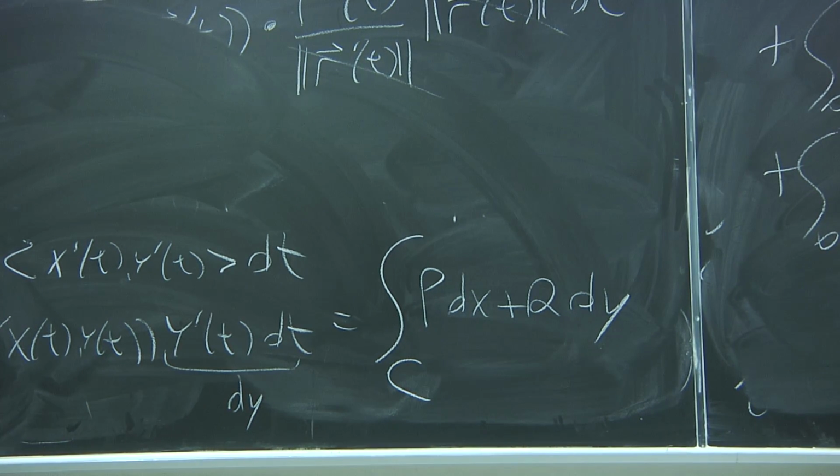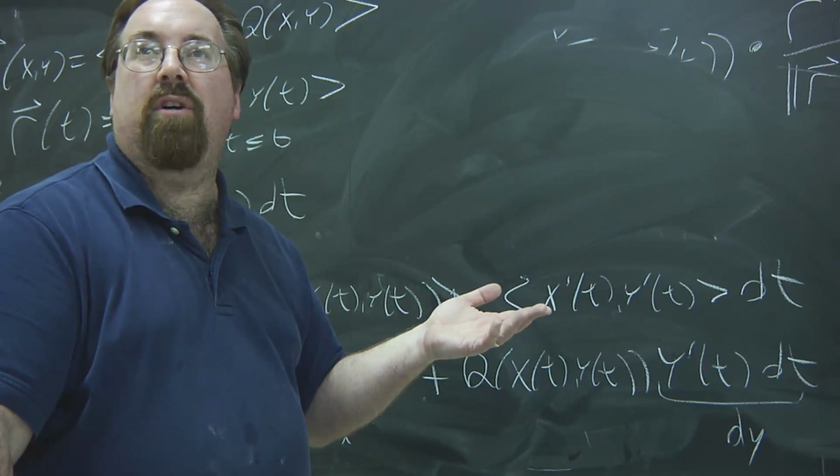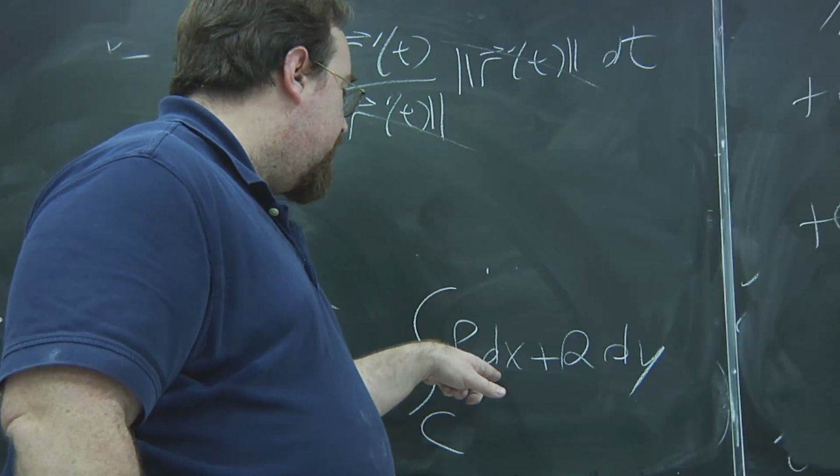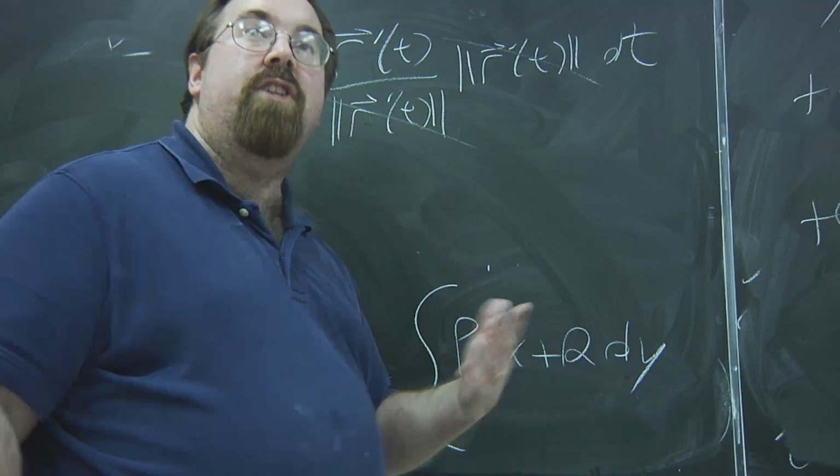This is kind of weird, but whereas before we were computing integrals with respect to the arc length of a curve, now we're computing integrals with respect to changes in x, or changes in y, or changes in z.